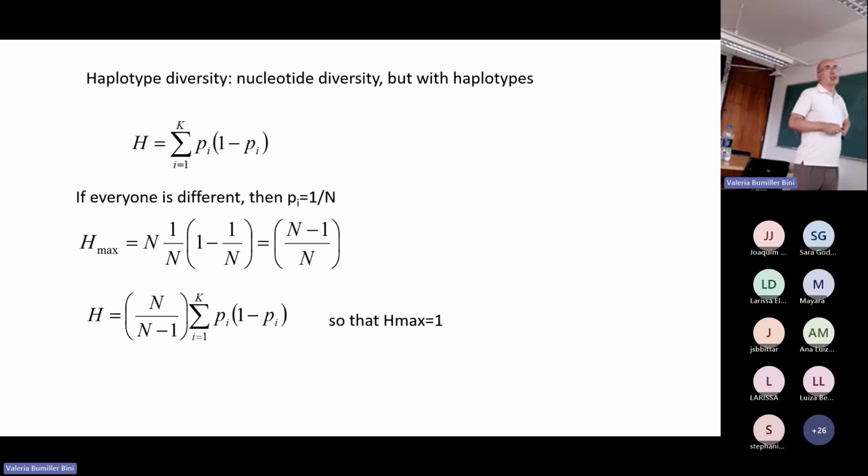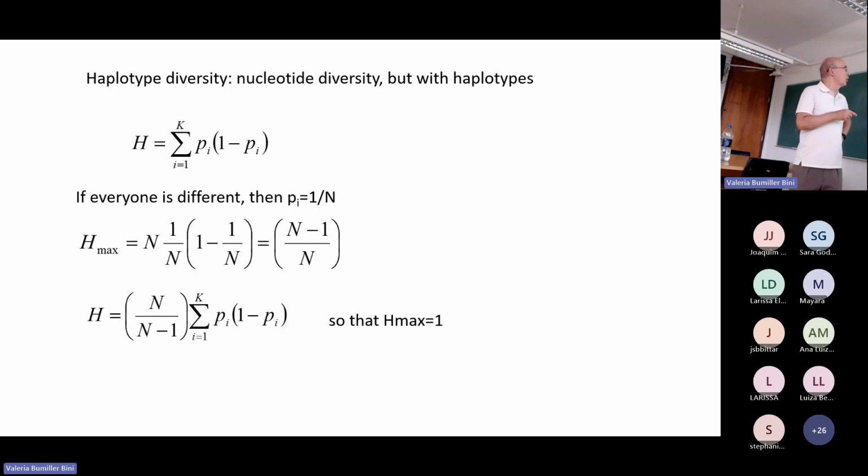So then what? So this becomes this. Look, we are saying that P is, for every haplotype, the frequency will be 1 over N. So 1 minus P then will be 1 minus 1 over N. And this sum will be the sum of N equal values.